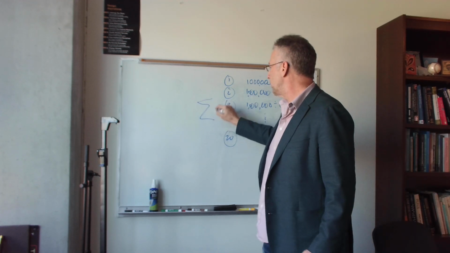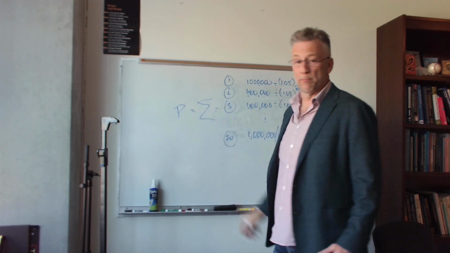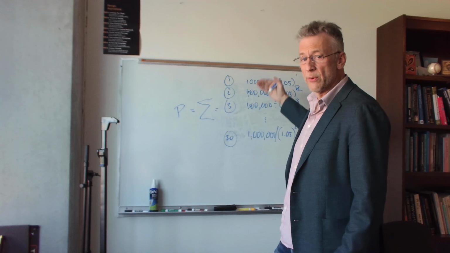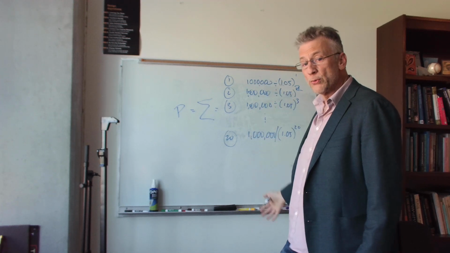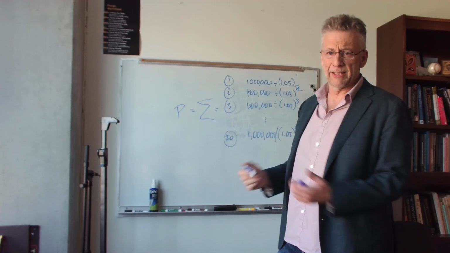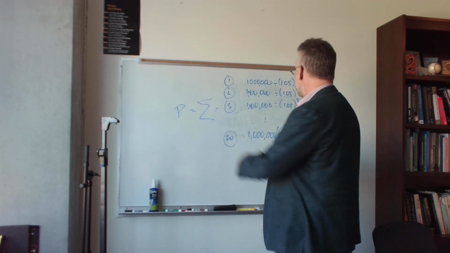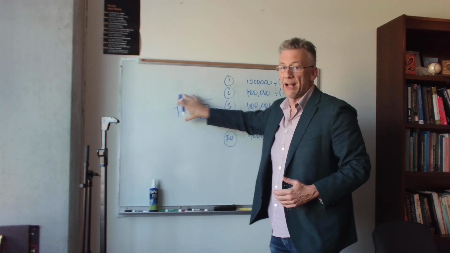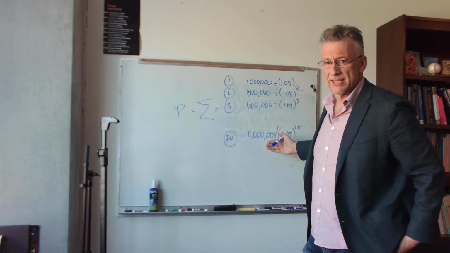You add all of these up to get P. The discounted savings in the first year, in the second year, in the third year, etc., all through 20 years, the expected lifetime of the intersection, sum all of those discounted values up, and we would get the present value of all of these savings.